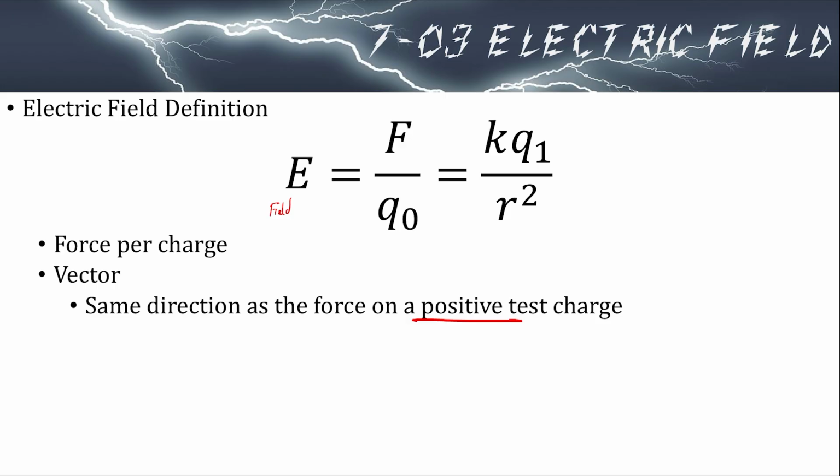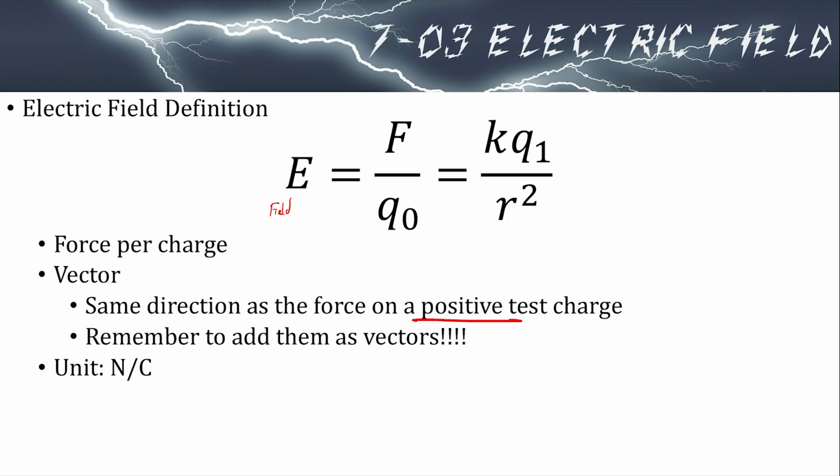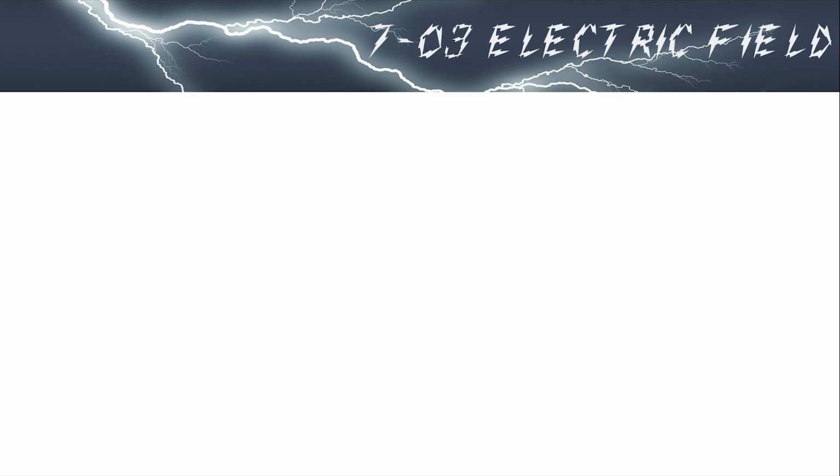And if you have multiple charges producing electric field, you'd have to add them as vectors. And the unit for electric field is newtons per coulomb. For point charges, our electric field is force per charge.